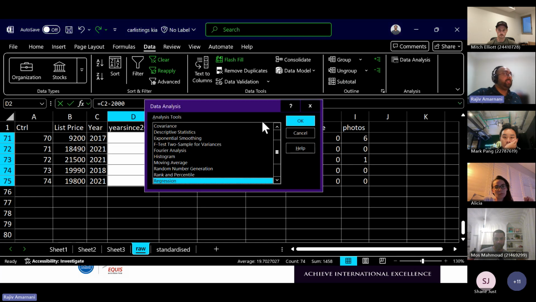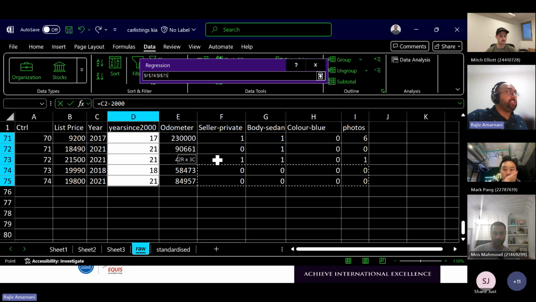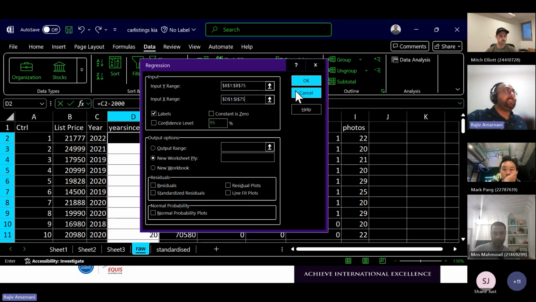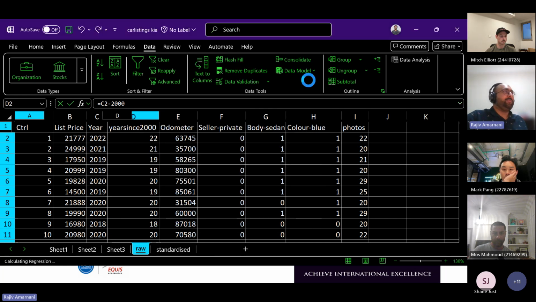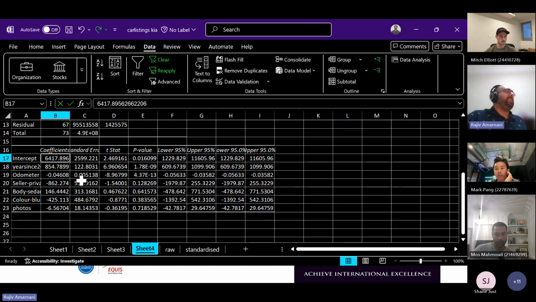So we just rerun the regression. Our X range is changed. We're going to highlight all this. Go. Please don't include year and year since 2000. They are identical variables. Their correlation is exactly one. Don't put both in. And here we go. So now we have an intercept that makes more sense.